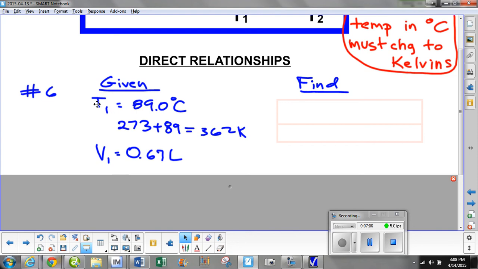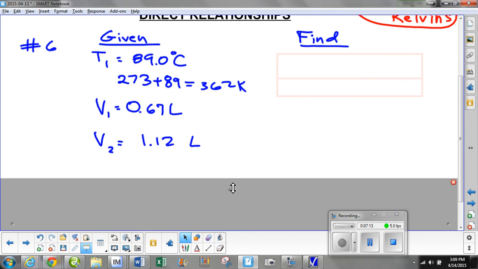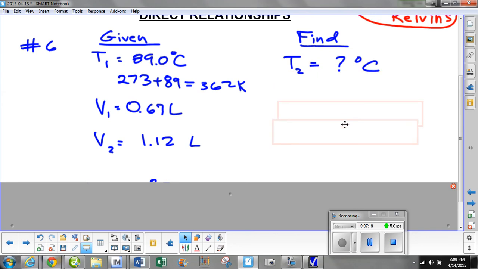The first conditions, which I just showed you as an example with a balloon, blown up and not blown up. Now, the next thing is, at what Celsius temperature? Here we go. There's our find. At what Celsius temperature will the volume increase to 1.12 liters? There it is.